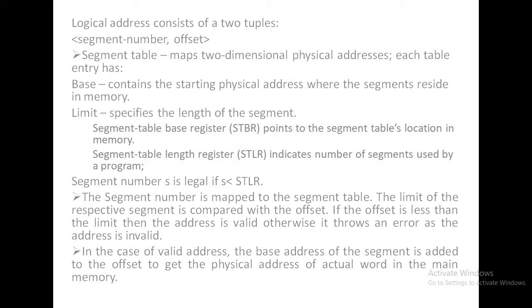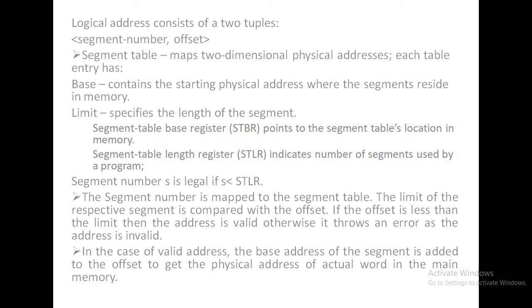If the segment number S is less than STLR, it is legal. That is the main idea. The next point: the segment number is mapped into the segment table, and the limit of the respective segment is compared with the offset. If the offset is less than the limit, then the address is valid. The CPU generates the address: segment number and offset. If the value of offset is less than the limit, the address will be valid, otherwise it will send a trap to the operating system.